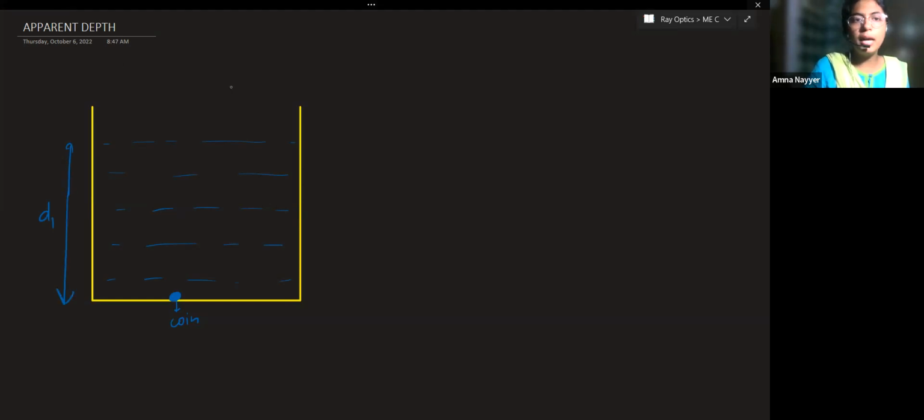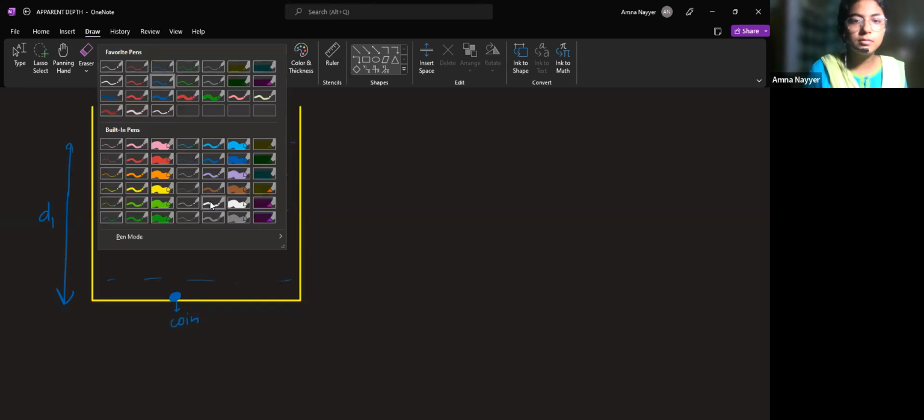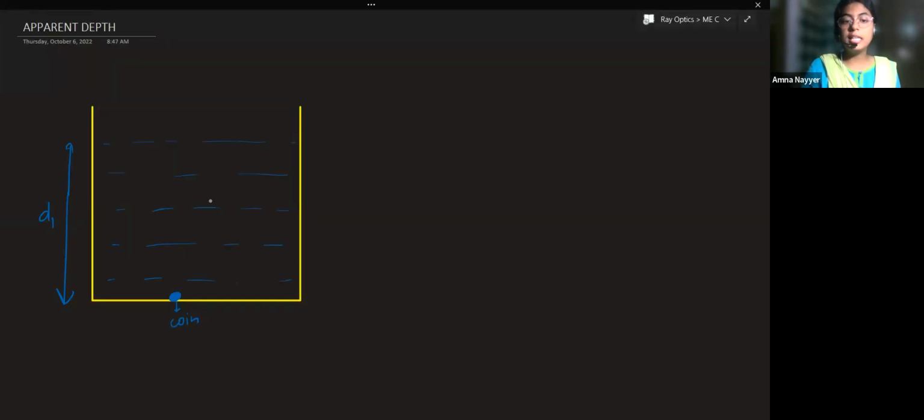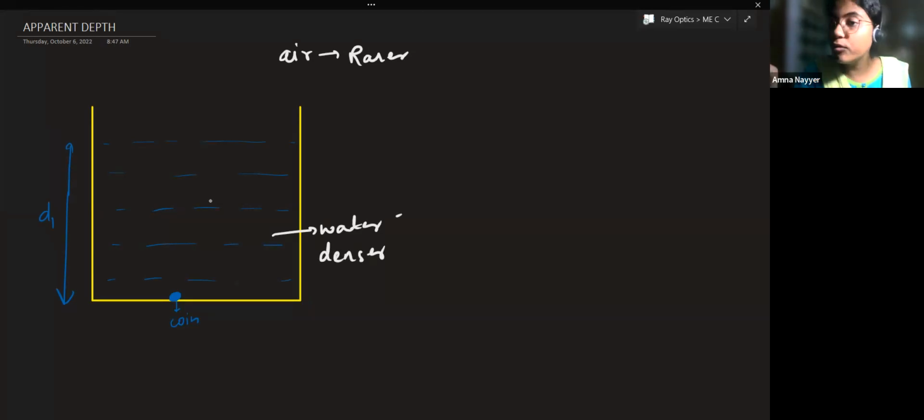Now what will happen? See, now our object is kept inside the water. This is air. Air is your rarer medium, and this is water. Water is your denser medium. Now, see class, wherever you have objects, rays pass from that.